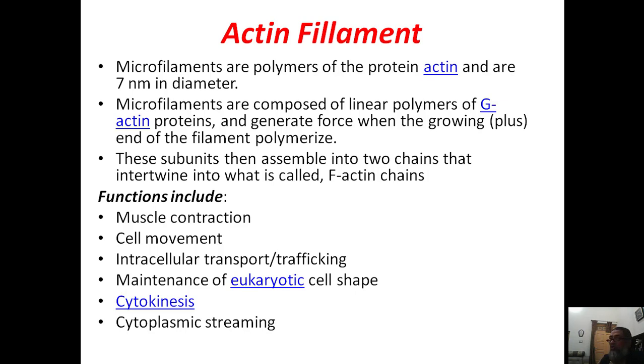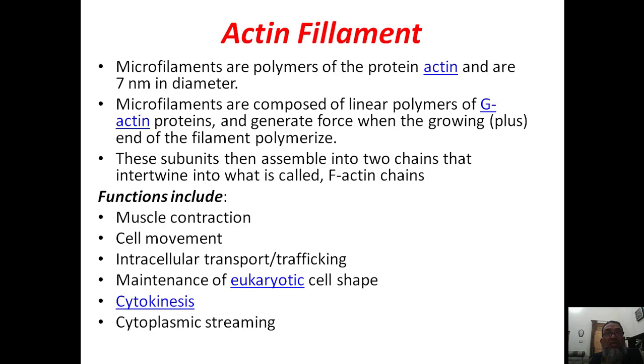Functions include muscle contraction. In histology, you know very well that there are three types of muscle: cardiac, smooth, and skeletal. The muscle protein, the actin filament, forms the thin filaments, and they participate in the light band of the cross striation visible within the muscle. Whereas the myosin protein forms the dark band.